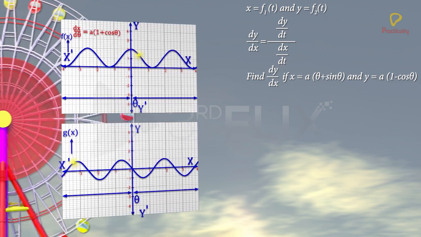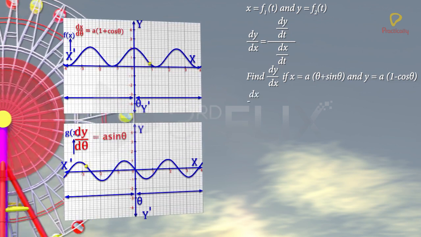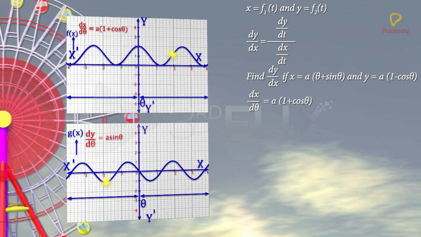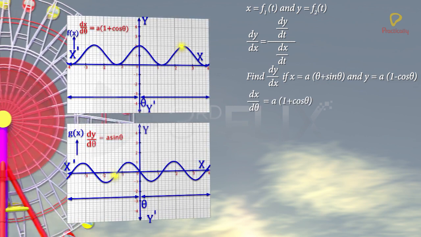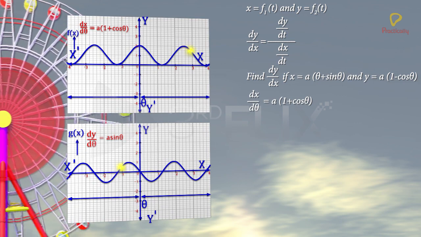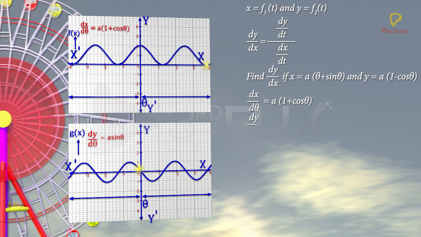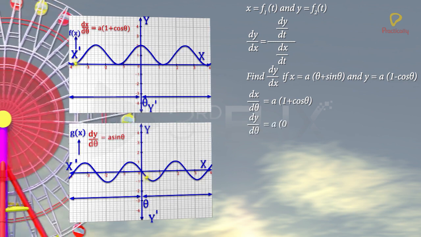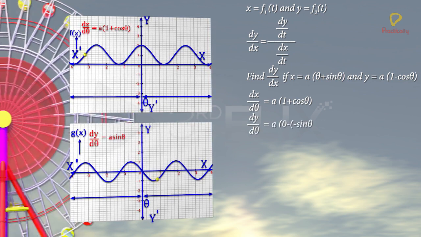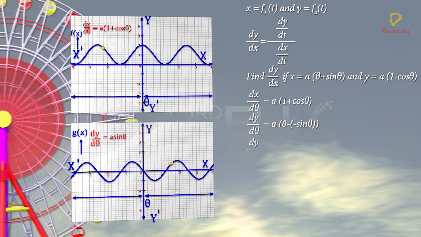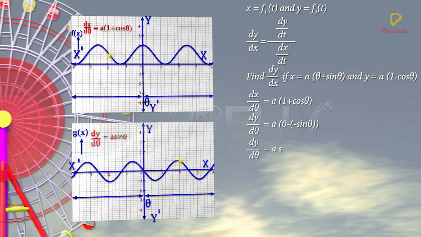Differentiating x with respect to theta, we get dx by d theta is equal to a multiplied by 1 plus cos theta, and differentiating y with respect to theta, we get dy by d theta is equal to a multiplied by 0 minus of minus sine theta. That is, dy by d theta is equal to a multiplied by sine theta.